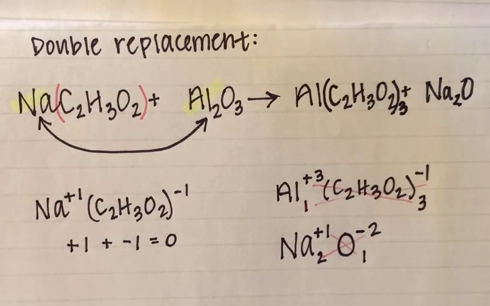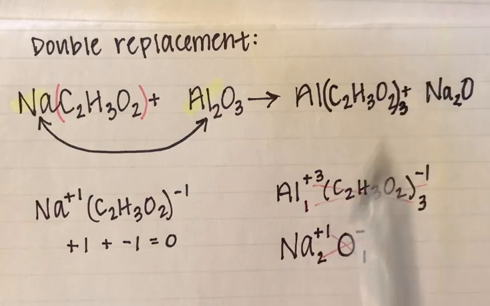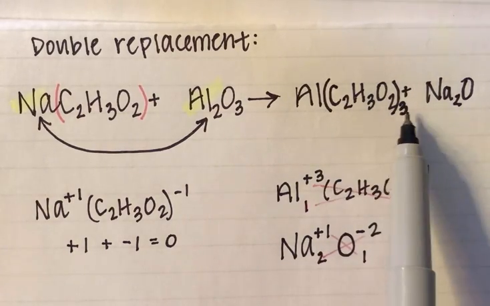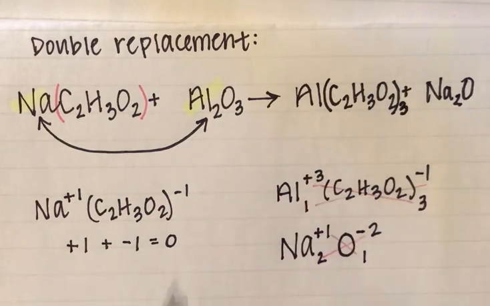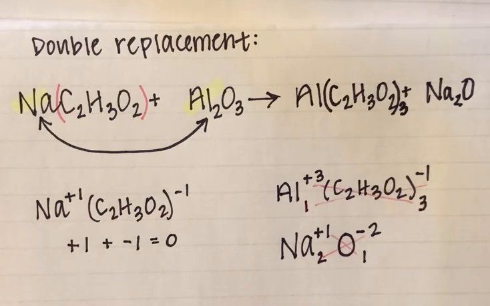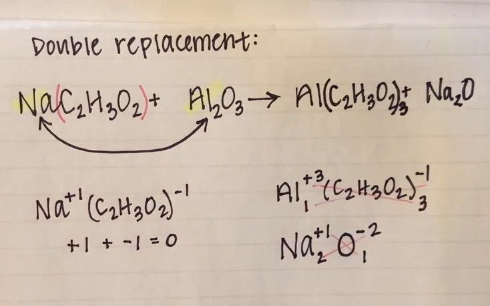Taking a look at our reaction, we note that we have 2 sodium on this side. We've got aluminum acetate. There's 3 acetates, only 1 aluminum here. On the opposite side, we've got 2 aluminum. So I think that's kind of going to be the best place to start is with this 2 aluminum.